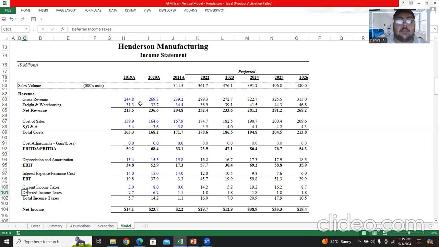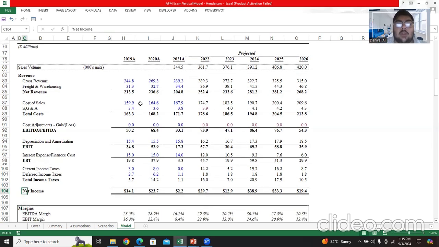Your taxes are converted into deferred tax and current tax, that is IAS 12 workings. You get total income taxes and then the net income. This was an introduction, a format of your income statement. By the way, after your income statement or net earnings, you write another thing that is called other comprehensive income.